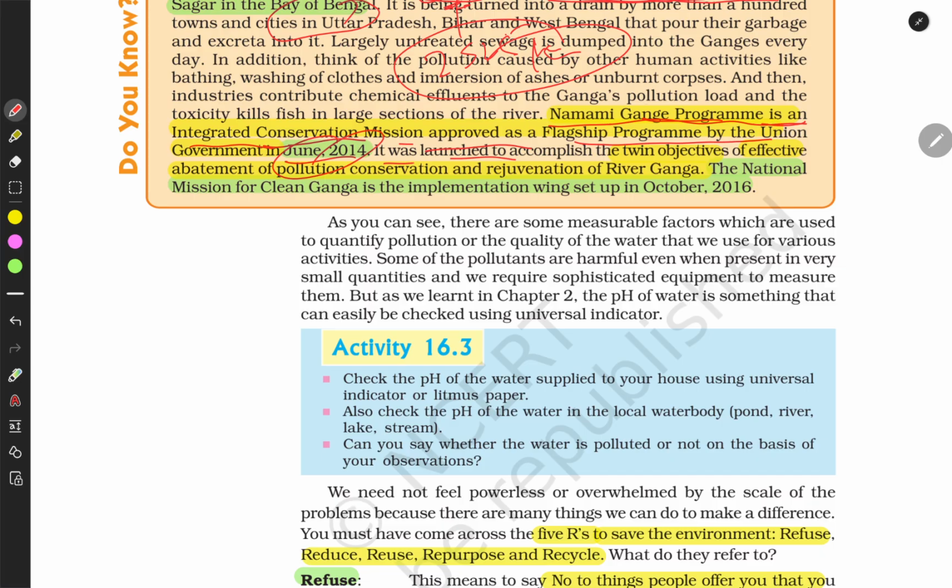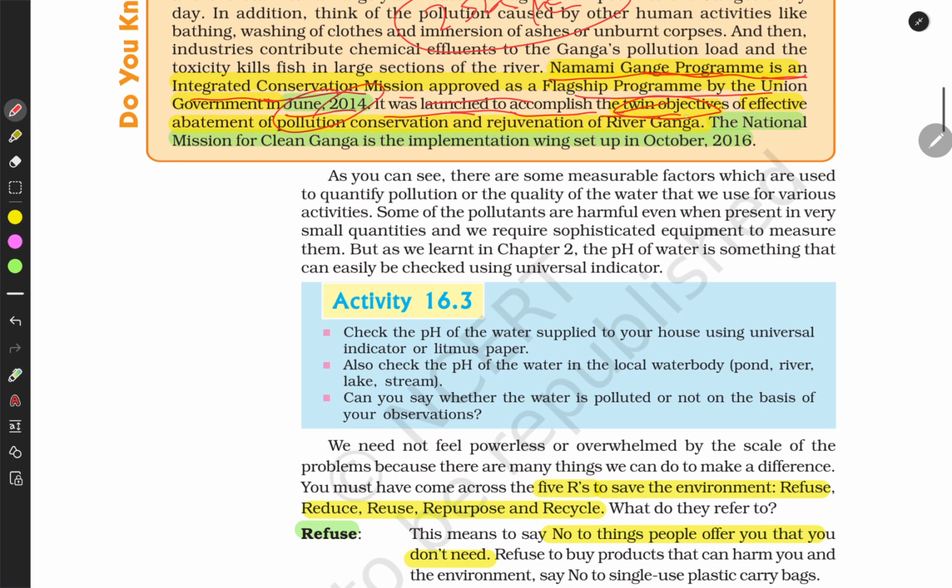It was launched to accomplish twin objectives: effective abatement of pollution, and conservation and regeneration of the Ganga river.